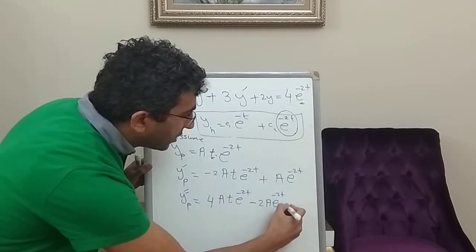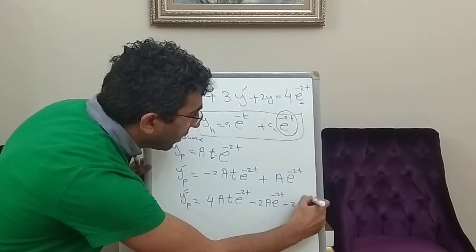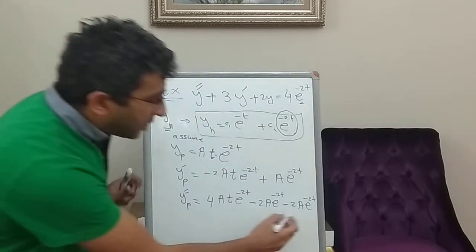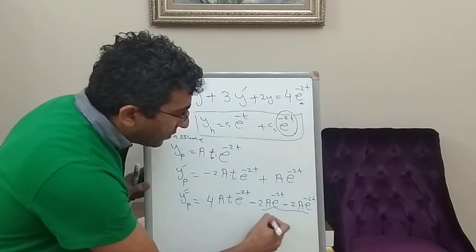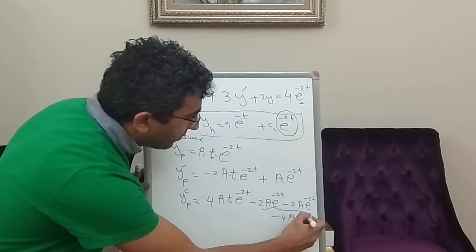The derivative of this is minus 2a e to the minus 2t. So this minus 2 and minus 2 will give you minus 4 a e to the minus 2t.